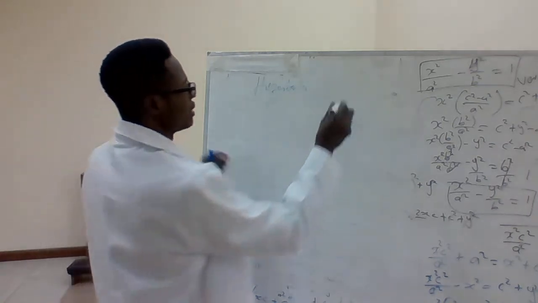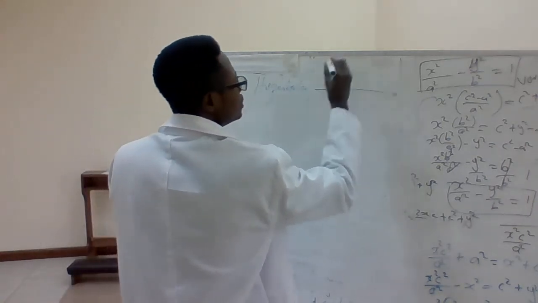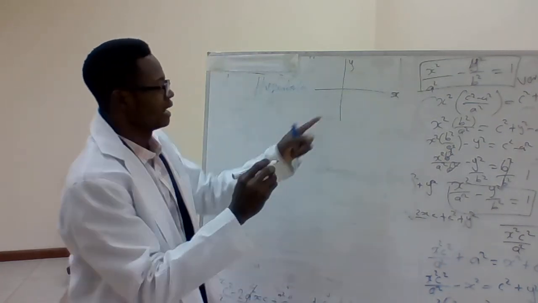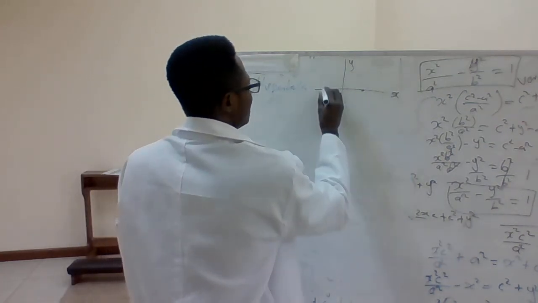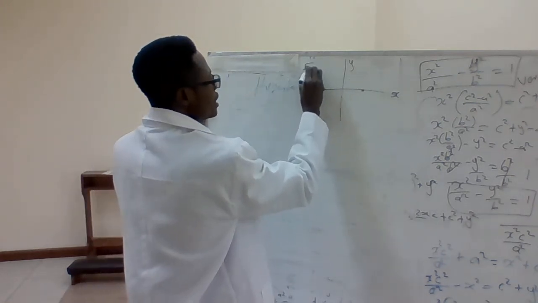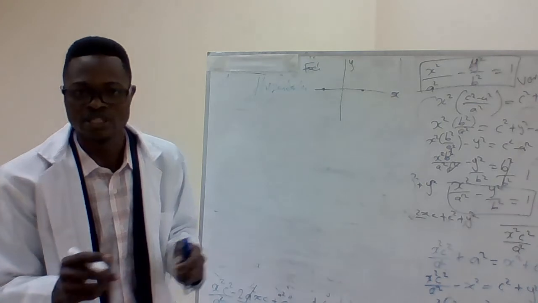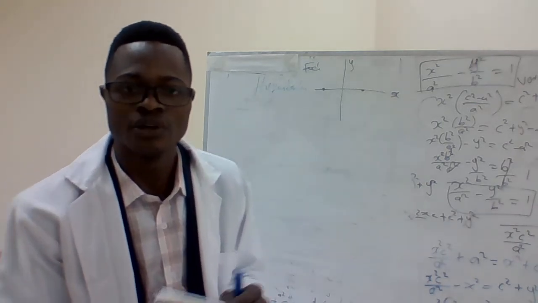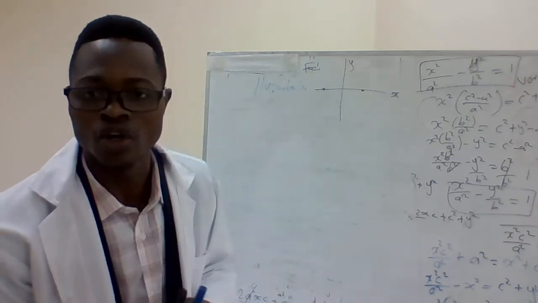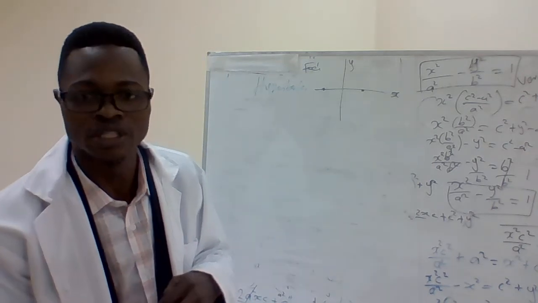In a plane, you have the y axis and you have the x axis. So we are having the f, which we call the foci. It is called the foci or the focus. Some people call it the focus. Others say that it is the foci. So whatever you call it, but I prefer to call it foci.